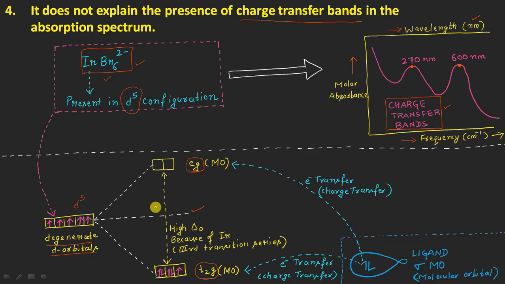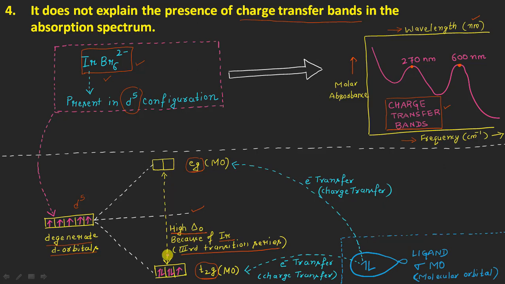Now iridium belongs to the third transition series. This means whatever d orbitals it has, they are of very large size, and as such in this case the magnitude of crystal field splitting will also be very high, which you can see here, right?